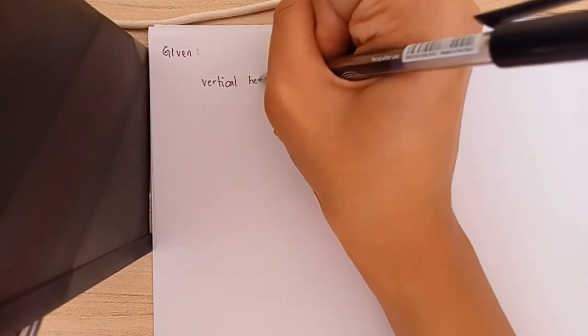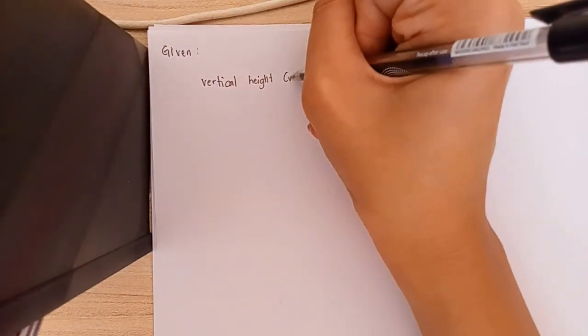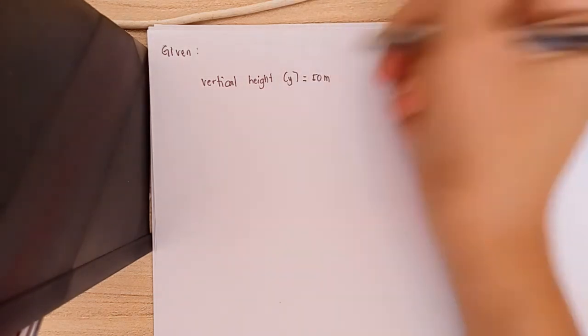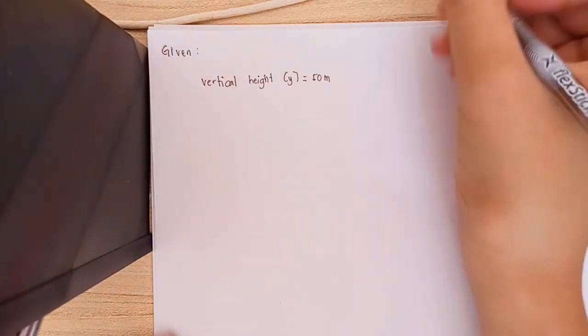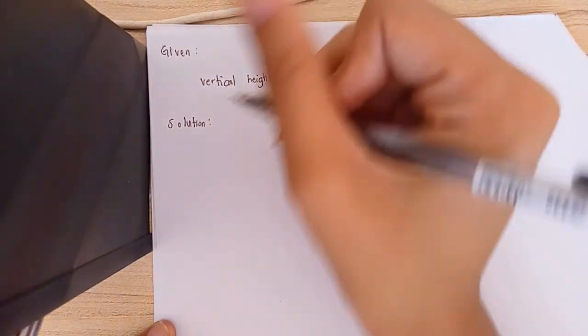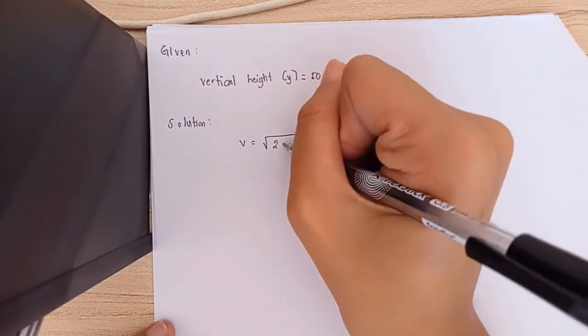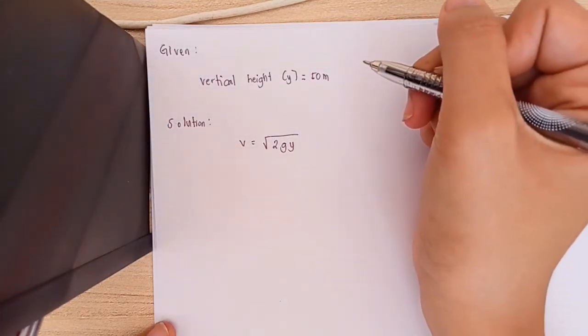We have first to identify our given, which is only one, the vertical height denoted by y equals 50 meters. So our solution here, we can use the formula v is equal to the square root of 2gy.